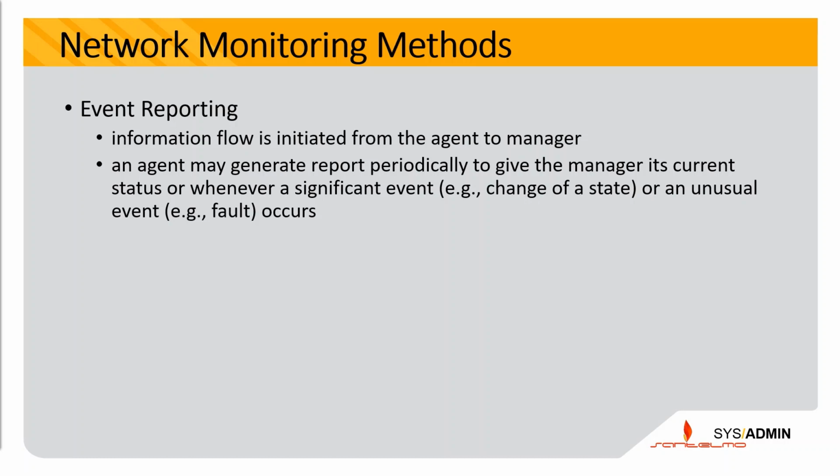There is a notification on your screen about the status of the interface, and we call it event reporting. When you're printing something and the printer runs out of paper, there is a notification on your screen informing you that the printer is running out of paper. That is an example of event reporting.